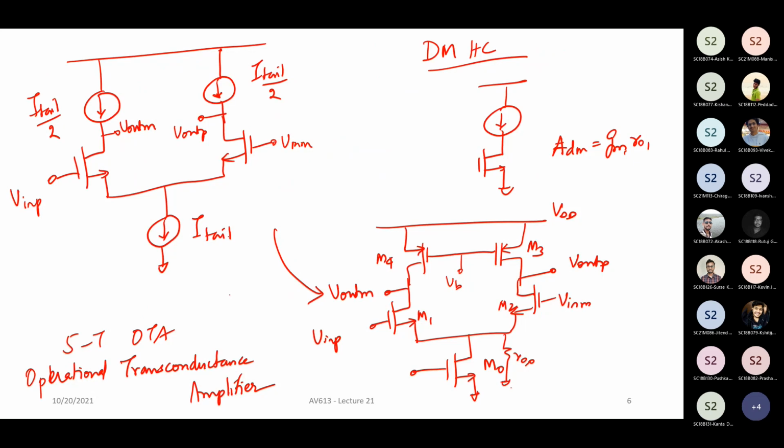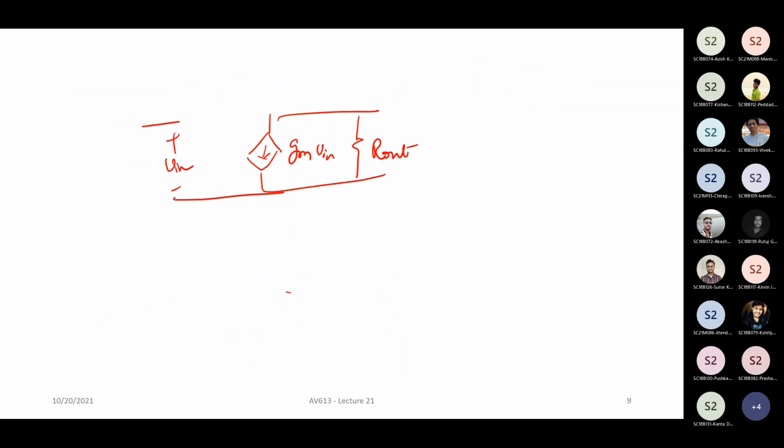But in a stricter sense of the term, all that is stopping this from becoming an op-amp is that it doesn't have a low output impedance. Now, what do you think can be done to make this a proper op-amp? So we can use an emitter follower.